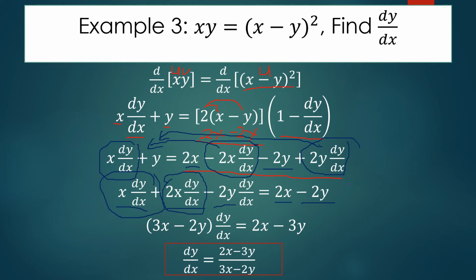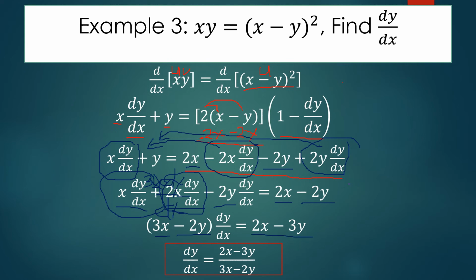They have the same variable which is x. Okay, so we have x plus 2x is equal to 3x dy over dx. Okay, so 3x dy over dx divided by dy over dx is equal to 3x. And negative 2y dy over dx divided by dy over dx is equal to negative 2y.